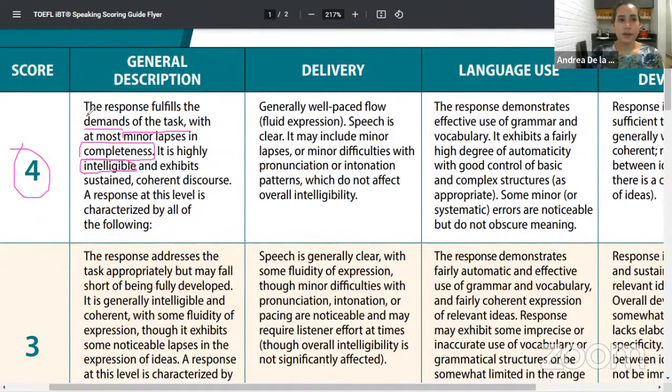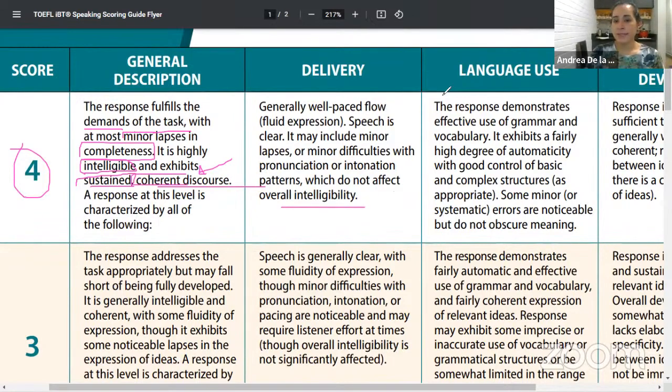Maybe you need to speak with a little enthusiasm so that the other person feels that vibe, right? It exhibits sustained, coherent discourse. So you cannot talk nonsense, right? You need to actually answer the question, and your ideas need to be coherent to the topic. And it has to be sustained, well developed.